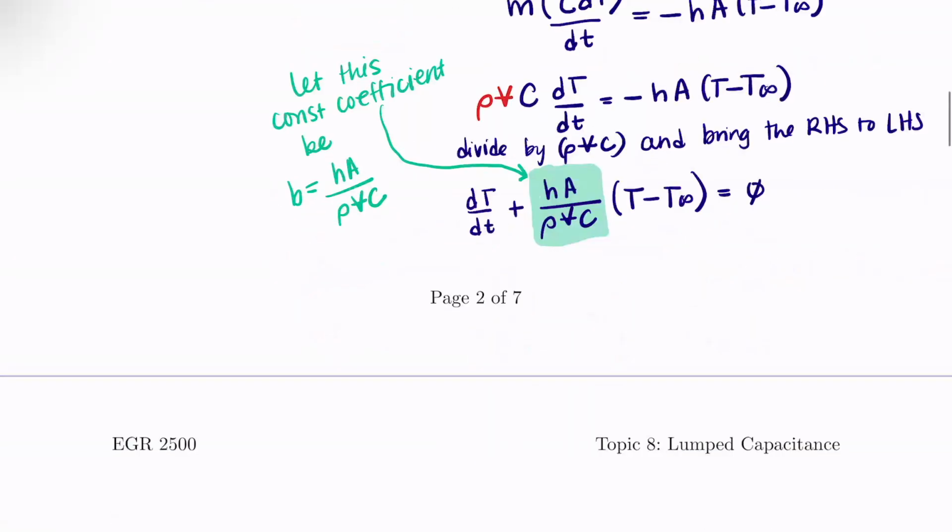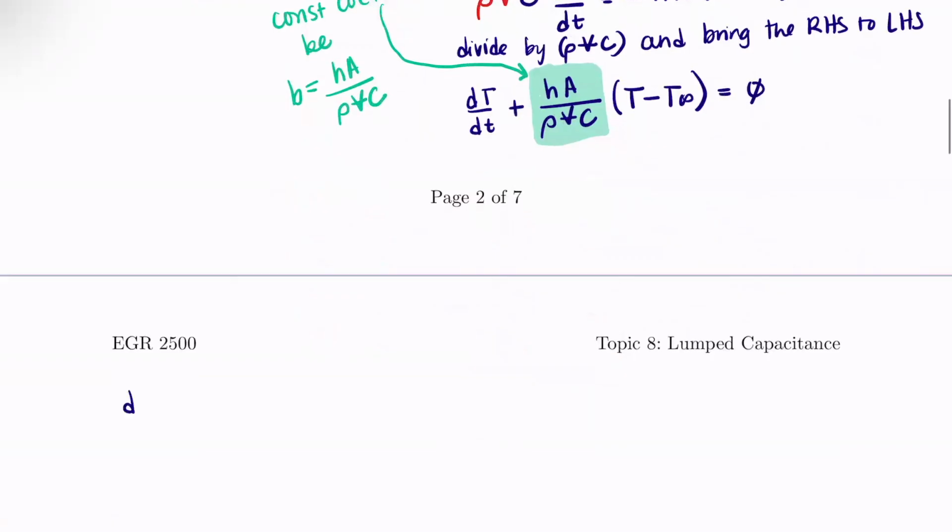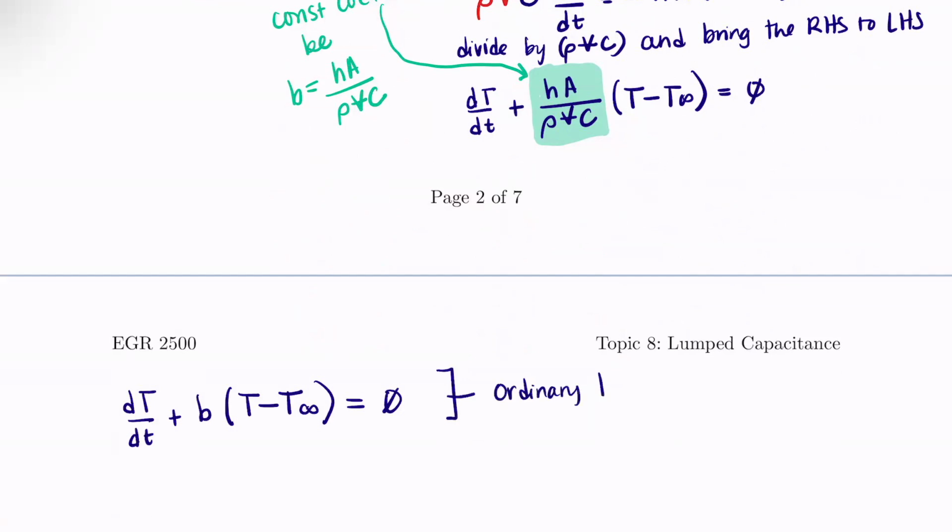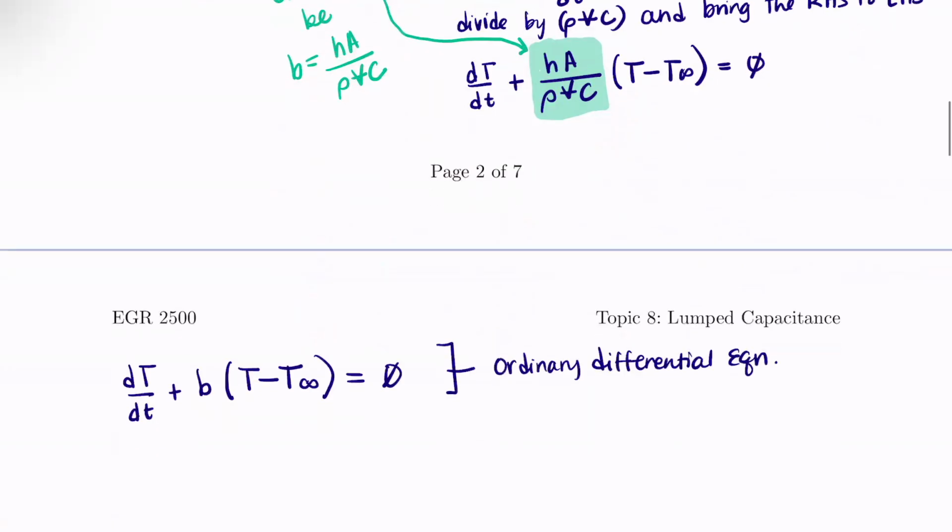And that means I can write this expression as dT/dt plus B times (T minus T infinity) is equal to 0. Okay, so this is just an ordinary differential equation, which we'd like to solve.